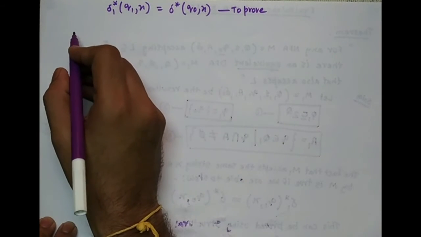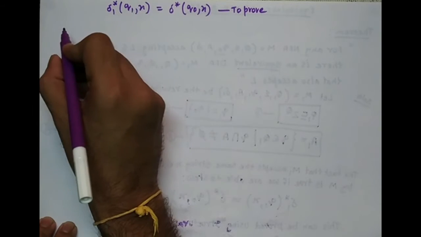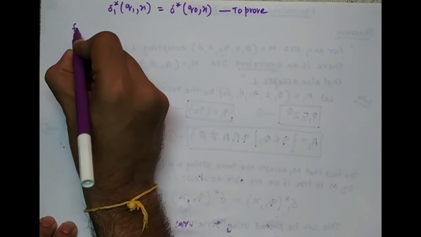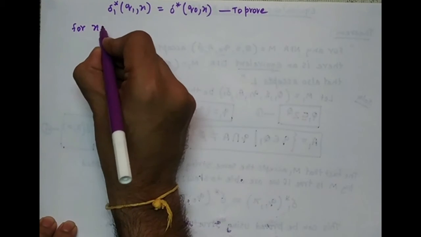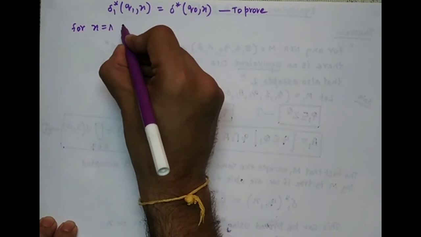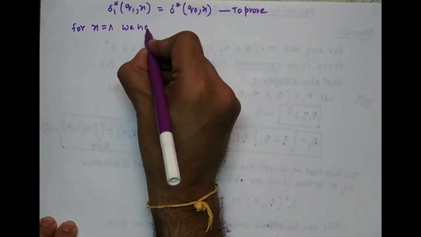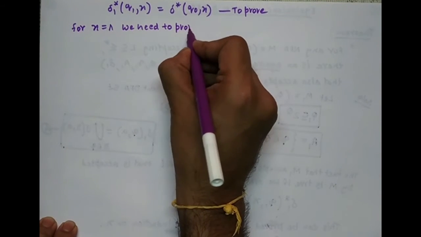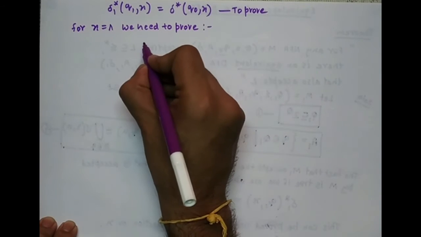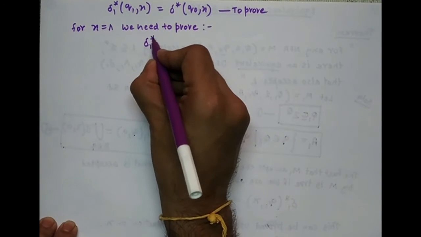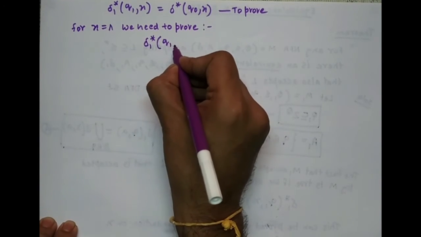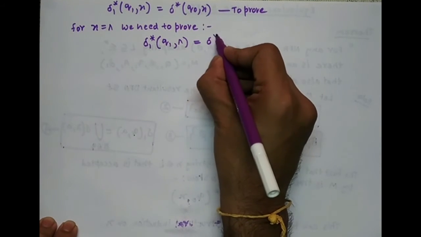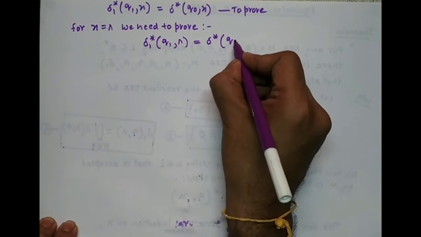Now let's start with the minimum possible value of X. For X equal to null, we need to prove del 1 star of Q1 on null is equal to del star of Q0 on null.